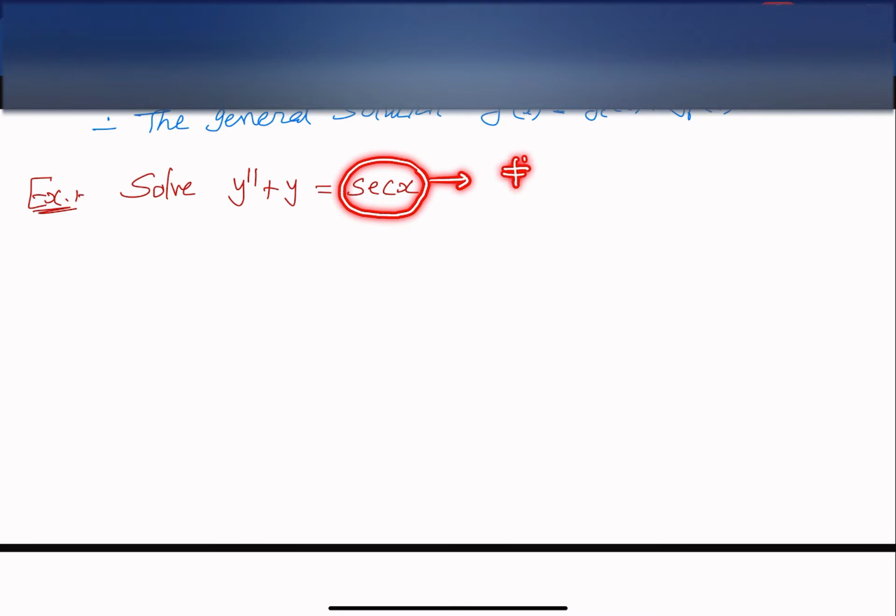If the example is enough to give the answer, let us start with this exercise. Solve y double dash plus y is equal to sec x. Now see, for this particular example, this Rx right hand side is not exponential.